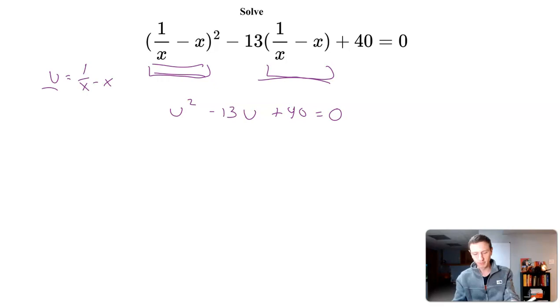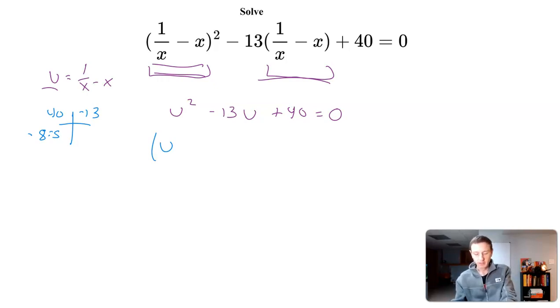All right, so let's now factor. I'm looking for two numbers that multiply to 40 and add up to negative 13. So it's going to be u, and we want two numbers that multiply to positive 40, adding up to negative 13. I know 8 and 5 multiply to 40, and 8 and 5 add up to 13, but I want them to multiply to a positive and add up to a negative.